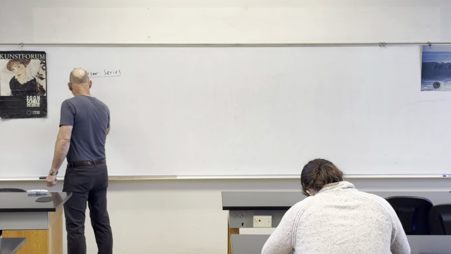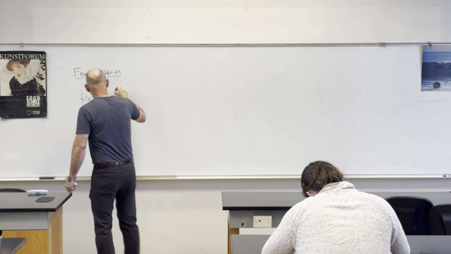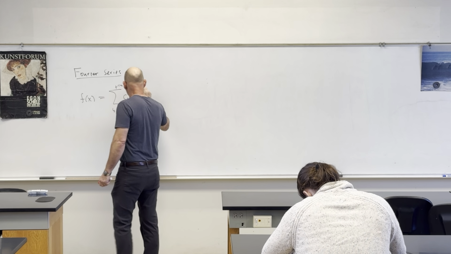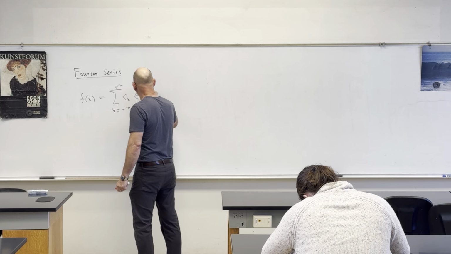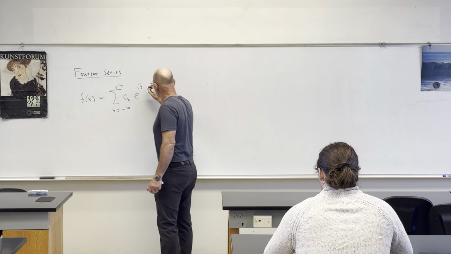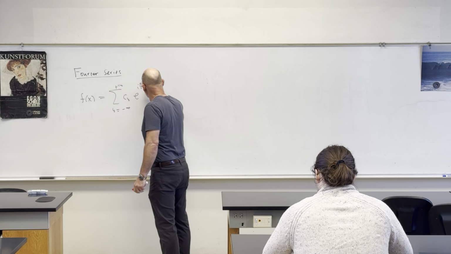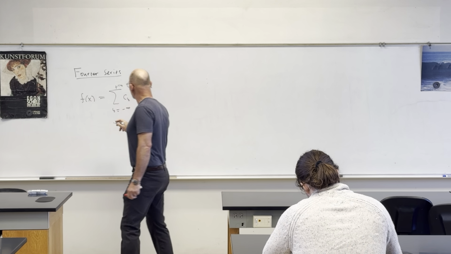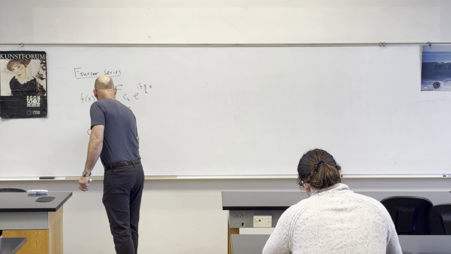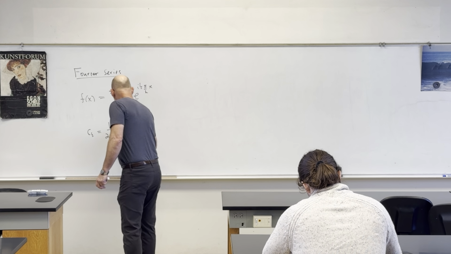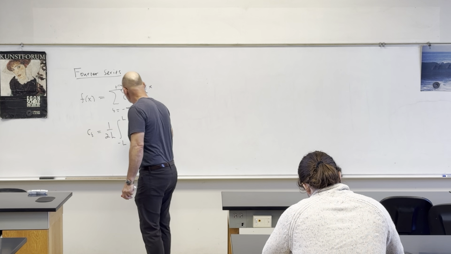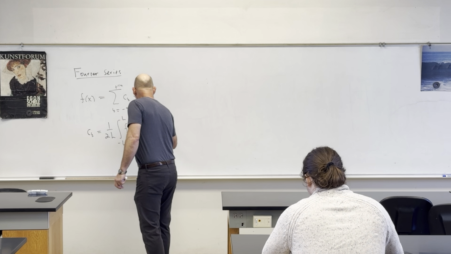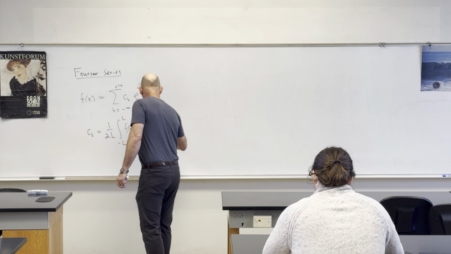So the second version of this, c sub k, we had c sub k was 1 over 2L integral minus L to L f of x e to the minus i k pi over L x dx.